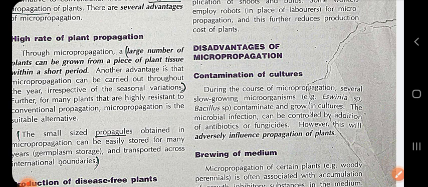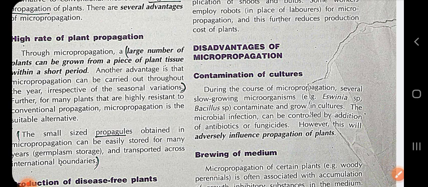And to control this, just like in microbiology, we can use antibiotic medium so that the culture does not get contaminated. But if we give antibiotics or fungicides, it will eliminate the growth of virus, bacteria, fungi, but at the same time it will also affect the growth of the explants.